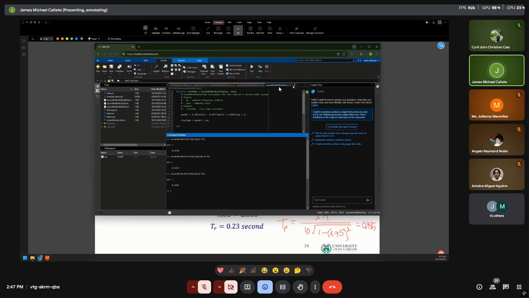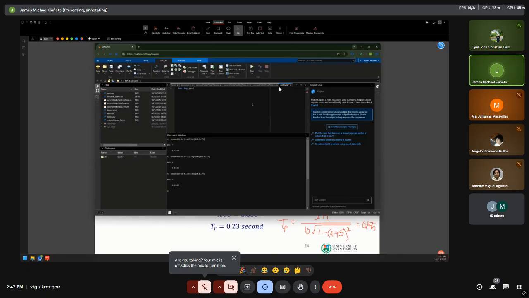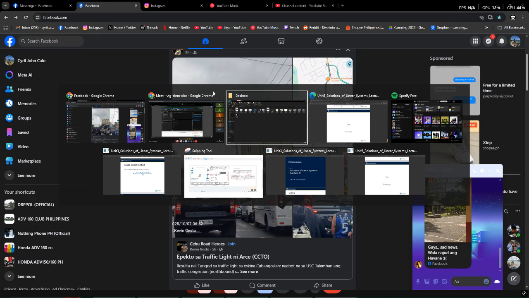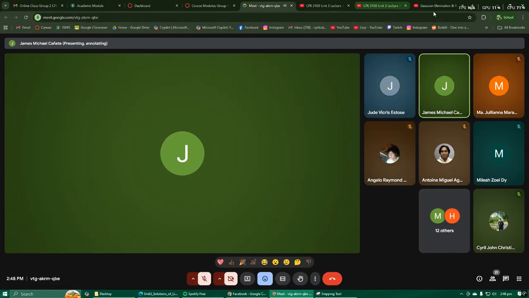The last formula. Function PERC OS is equal to PERC second order OS, with inputs omega n and zeta.